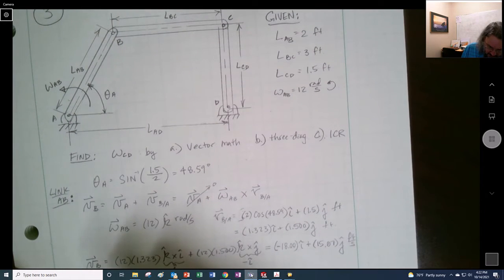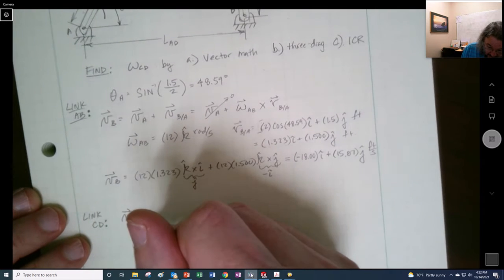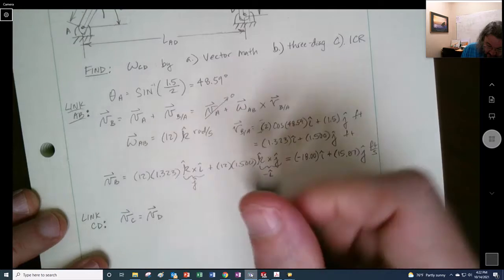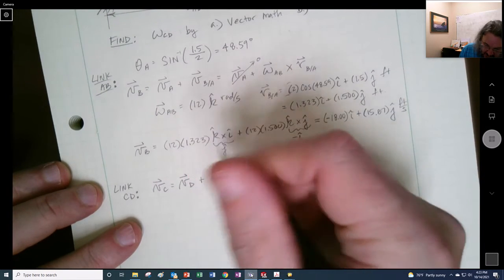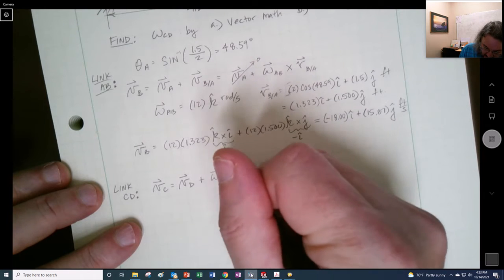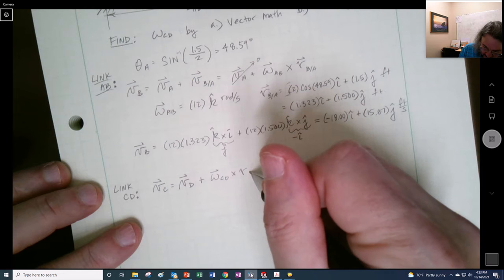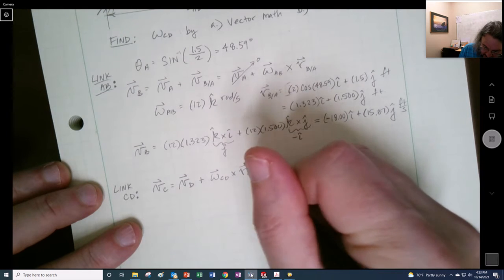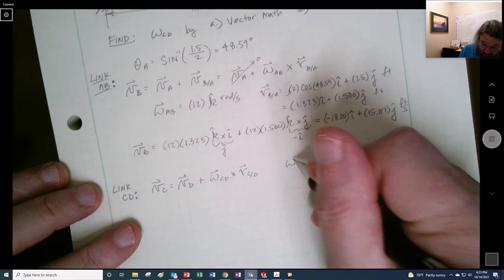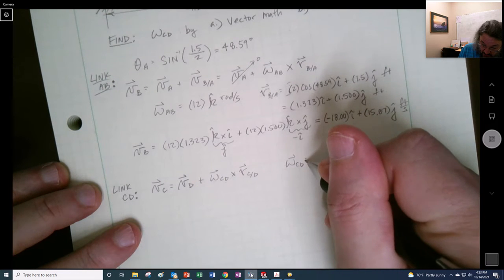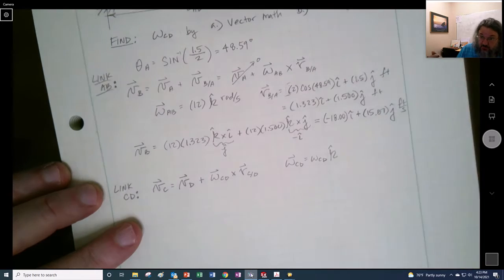So we could take the velocity of C is going to be equal to the velocity of D, use D as the reference, plus omega CD crossed with R C with respect to D, right? We don't know omega CD, but we can write out a placeholder for it that's omega CD K. Assume it's positive, right?